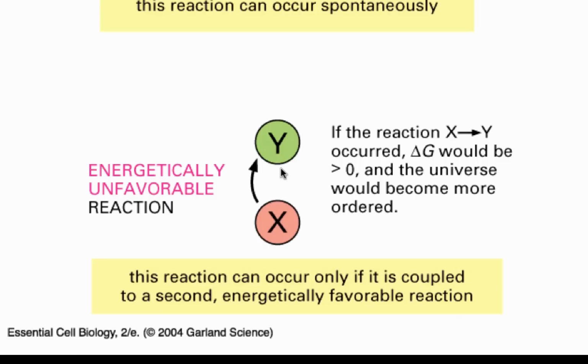So that reaction, in order to happen, will require the input of energy. In a biological system, that reaction can only occur if it is coupled to a second reaction that is energetically favorable.